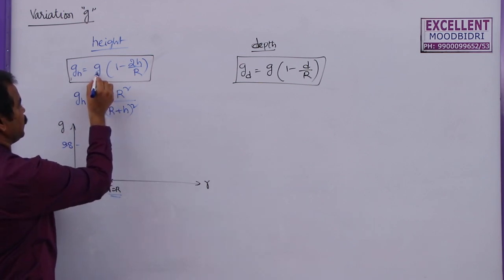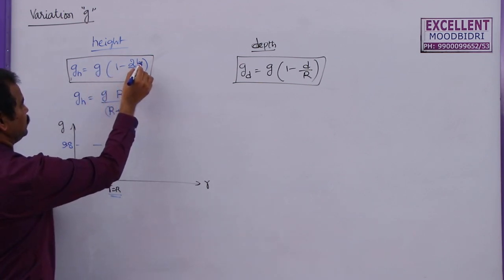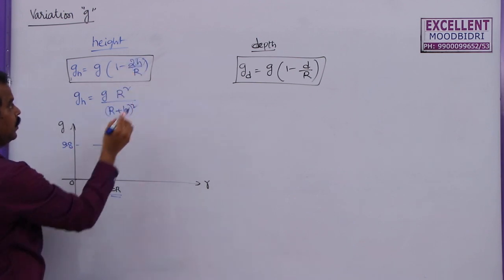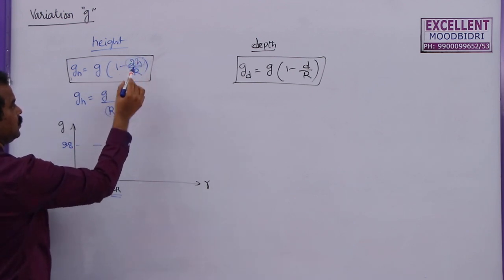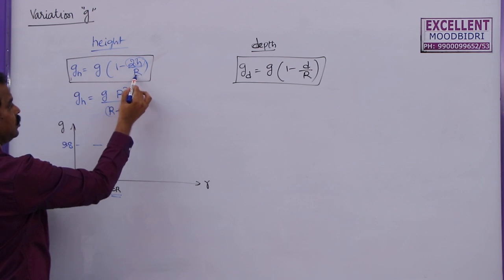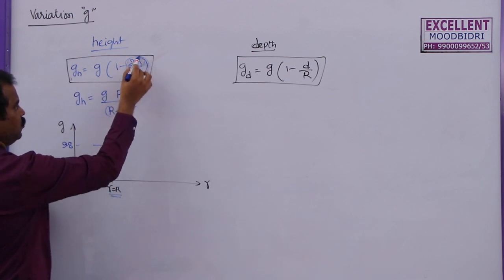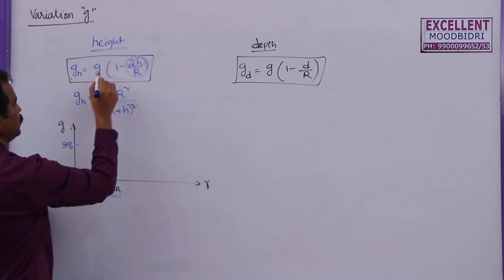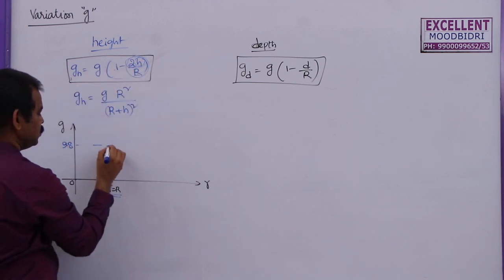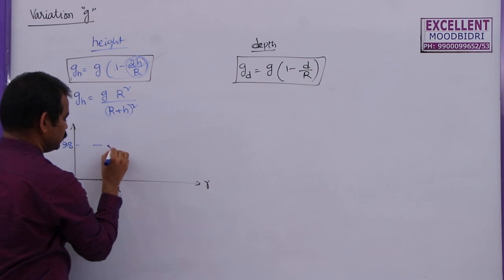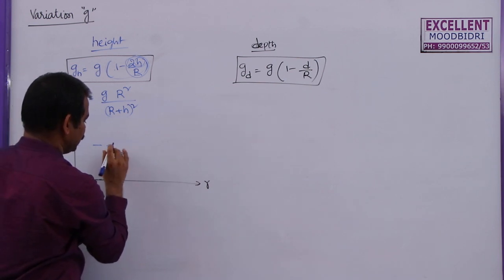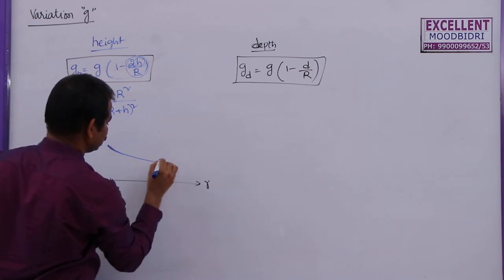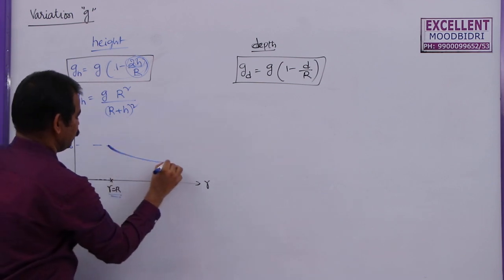Above the surface, as height gradually increases, the 2h value increases. As R is constant, 2h by R increases gradually, and the 1 minus 2h by R value will decrease. Small g decreases here. So slowly this value decreases like this. So this is the curve here.